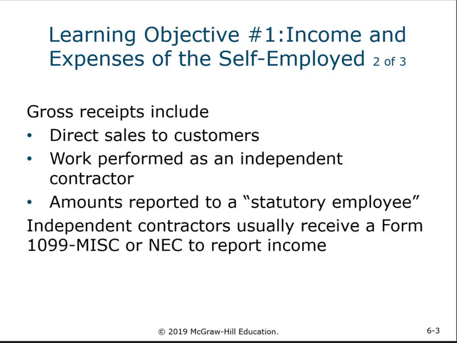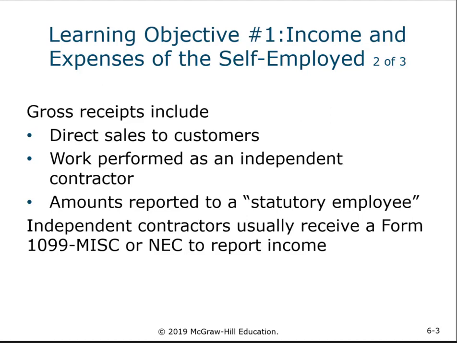So just a little accounting review, direct gross receipts. Remember, most of these businesses will operate under the cash basis, but sales to customers, you may have work you do as an independent contractor, which means instead of as an employee, you have control over when and how you do this stuff for someone else.